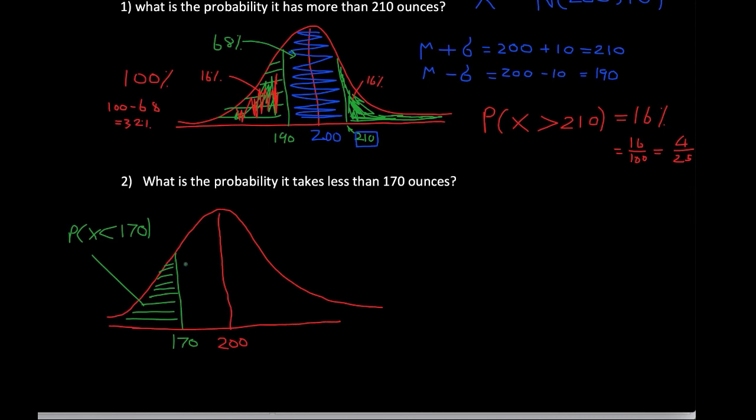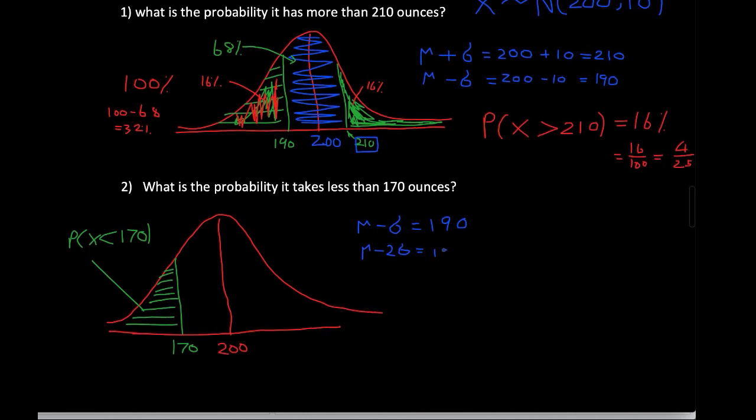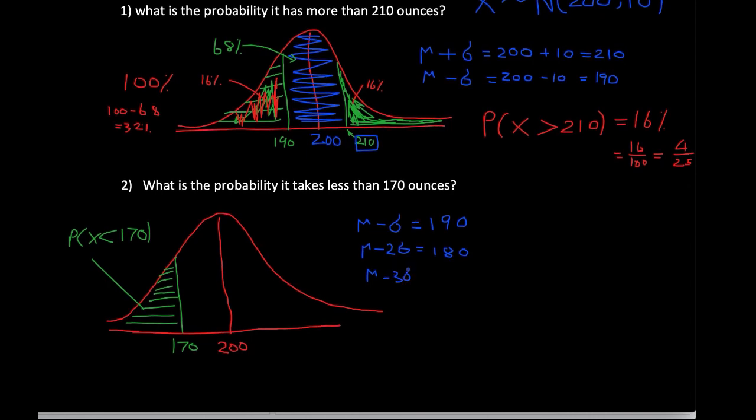Using the empirical rule. First, find mu minus sigma, which is 190. Then mu minus 2 sigma equals 180. Still, we don't have 170. Therefore, find mu minus 3 sigma.